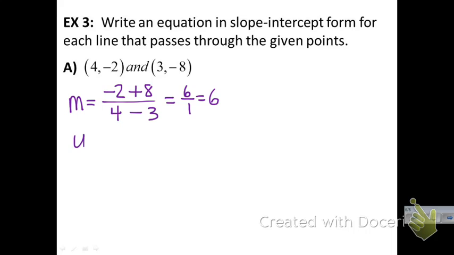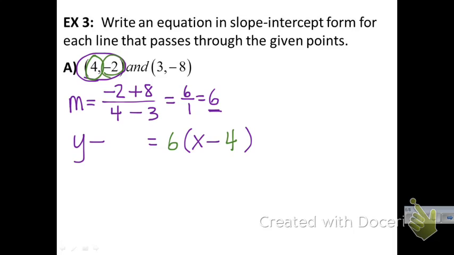And then we're still going to use our point slope formula because we have points, we have a slope. So I'm going to choose one of the pairs of points. I usually pick the first one, but it really doesn't matter. In the end, you'll get the same answer. So we're going to go ahead and fill it in with what we know. We know that our slope is 6. We know that our x1 is 4.